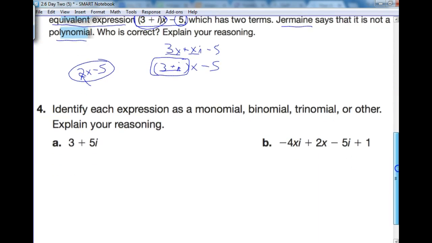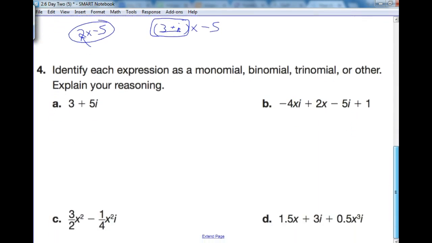So what we're going to do is come down here and I'm going to ask somebody. I just want to identify these four things, A, B, C, and D. We're going to classify them quickly as a monomial, a binomial, or a trinomial.